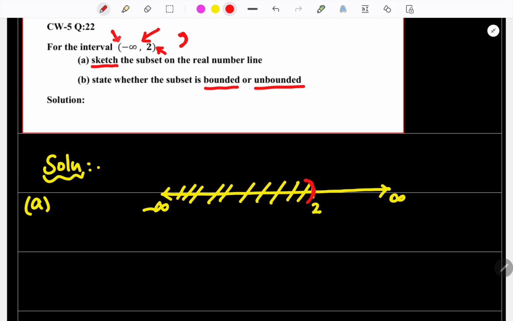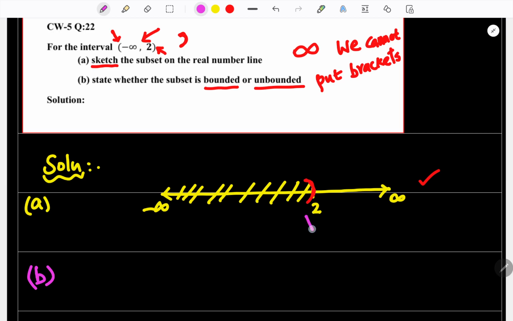But keep in your mind, for infinity, we cannot put brackets, because we don't know where infinity is. So I cannot close it. Keep in your mind. Okay, right. So for the interval minus infinity comma 2, this is the sketch.